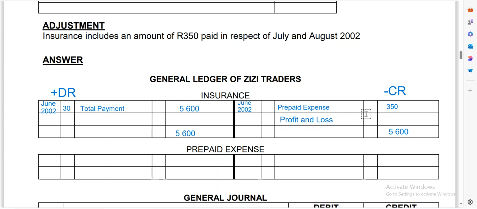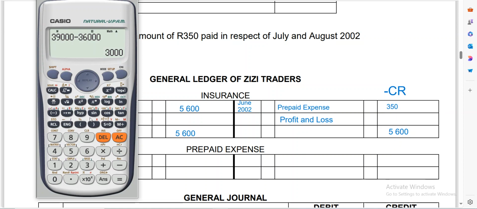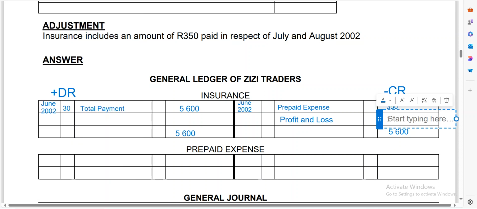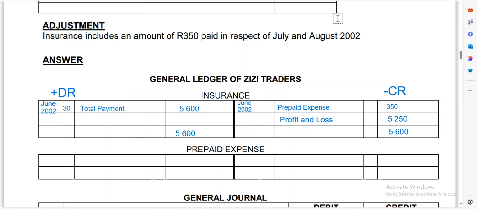So for profit and loss, we'll transfer the amount that we are going to get after deducting that 350. So if we say 5,600 minus 350, it is going to give us 5,250. So in our profit and loss statement, we are expecting to get 5,250 for insurance.